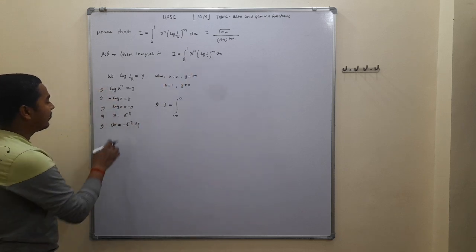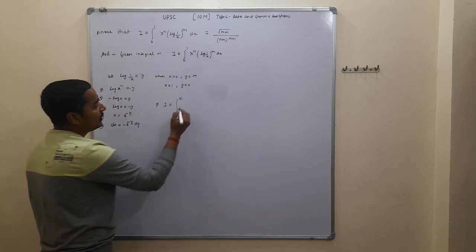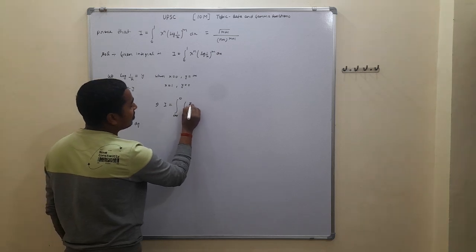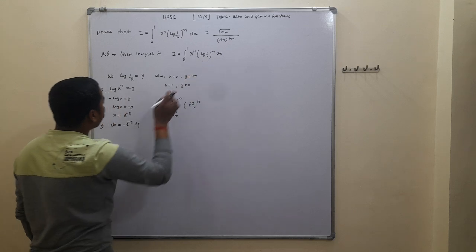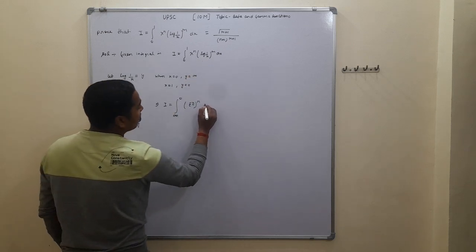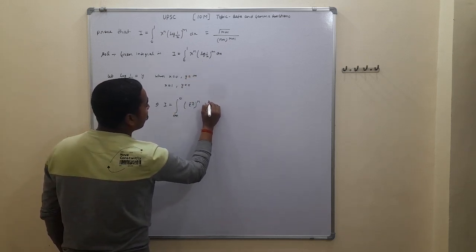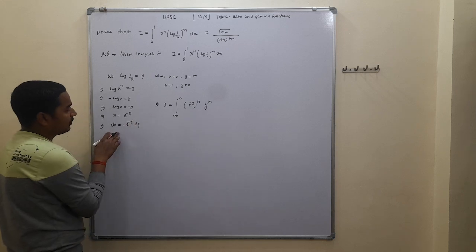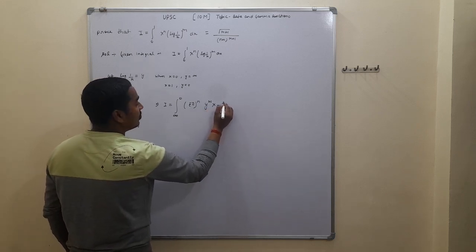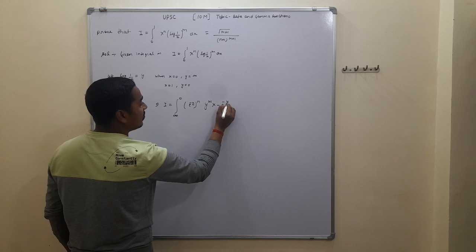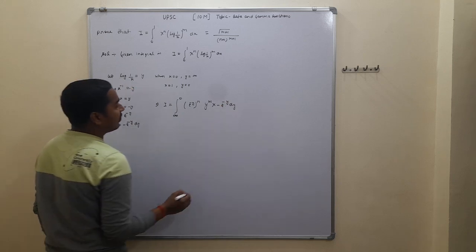Here the value of x is e to the power of minus y, so e to the power minus y to the power n, and since log 1 by x is y, we can write y to the power m. In place of dx we put minus e to the power of minus y dy, and further we have to solve.